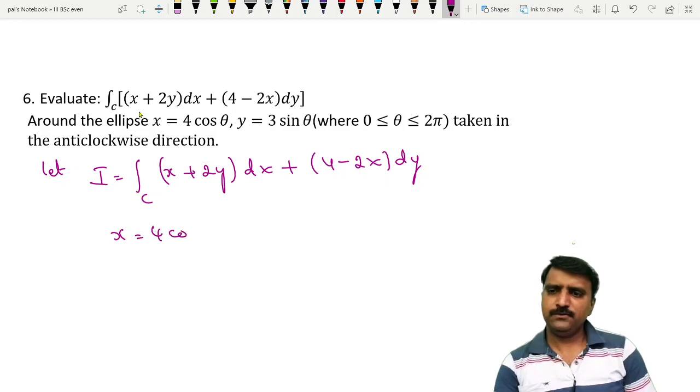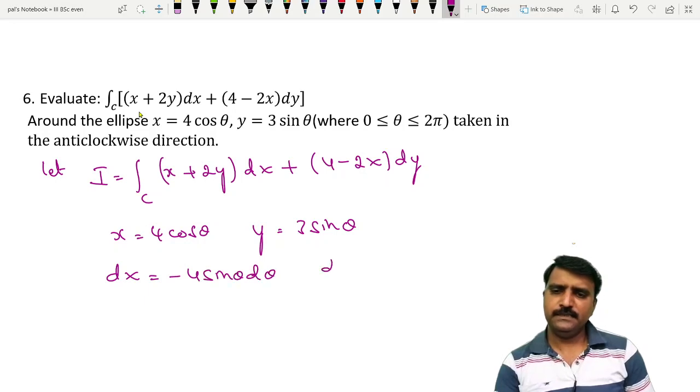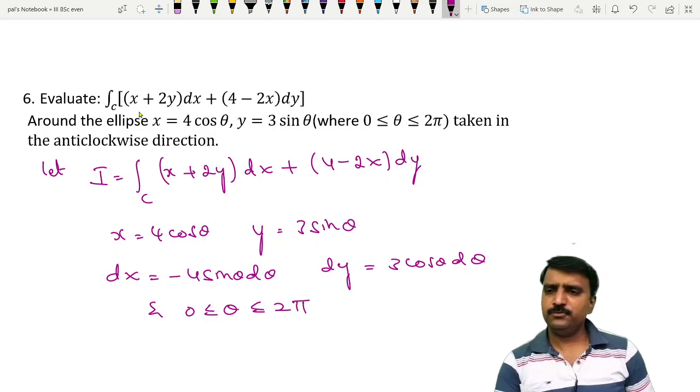X is equal to 4 cos theta, y is equal to 3 sin theta. And what is dx? Dx is minus 4 sin theta d theta, and dy is 3 cos theta d theta, with theta from 0 to 2 pi.